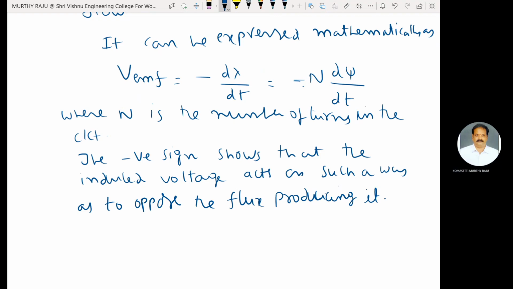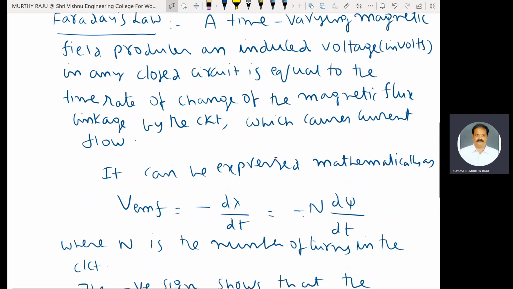Okay. Consider an electric circuit. This is related to the magnet. A time varying magnetic field produces an induced voltage in any closed circuit equal to the time rate of change of the magnetic flux linkage by the circuit, which causes current flow. A static magnetic field produces no current flow.